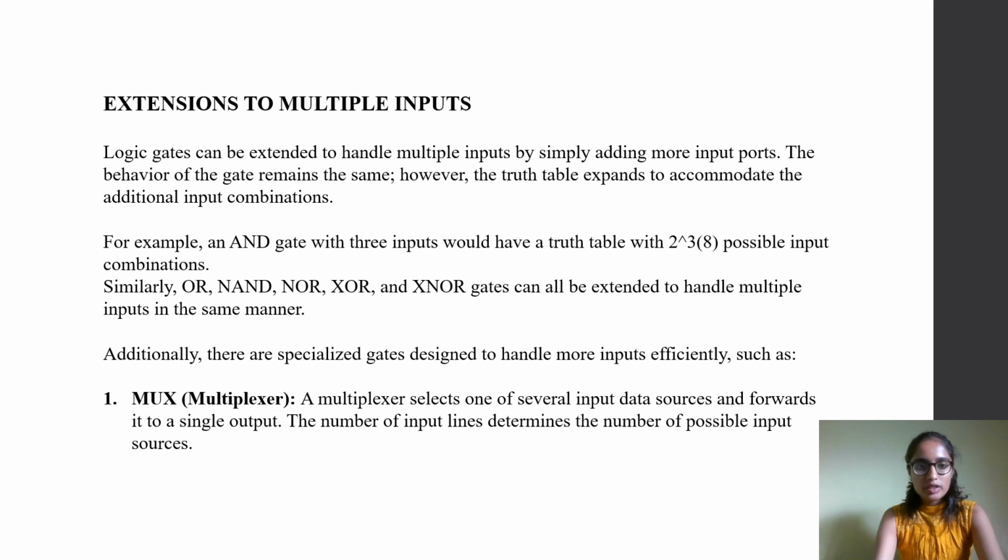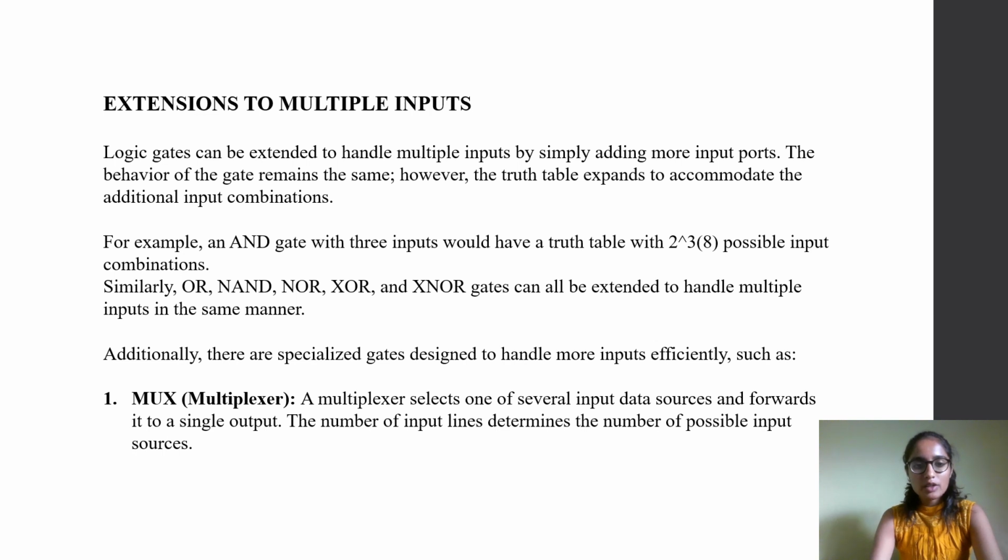Now let us see what is extensions to multiple inputs. Logic gates can be extended to handle multiple inputs by simply adding more input ports. The behavior of the gate remains the same. However, the truth table expands to accommodate the additional input combinations. For example, an AND gate with 3 inputs would have a truth table with 2^3 = 8 possible input combinations.